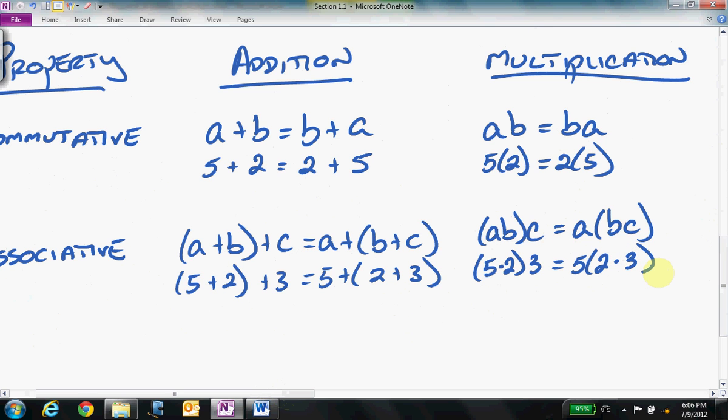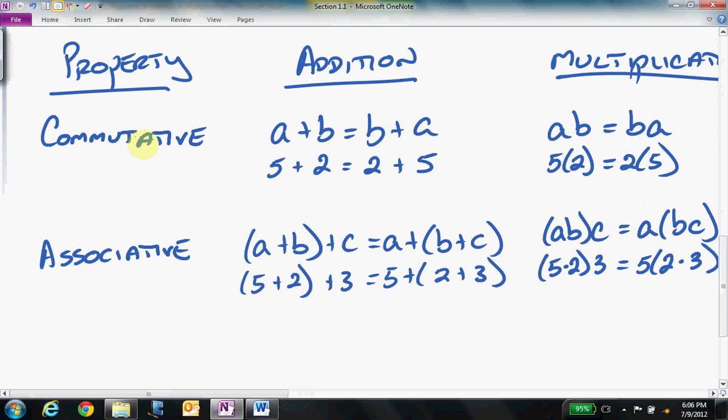So we'll use a little mental math here and say 5 times 2 is 10. 10 times 3 is 30. So the left side of my equation equals 30. On the right side, in the grouping symbols, we see 2 times 3 is 6. 6 times 5 is also 30. So that proves this property is true.